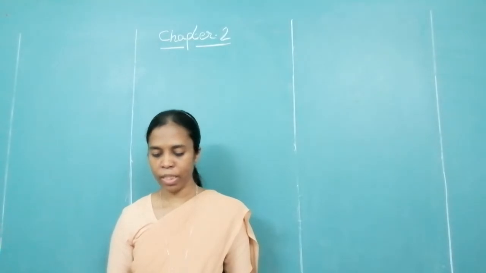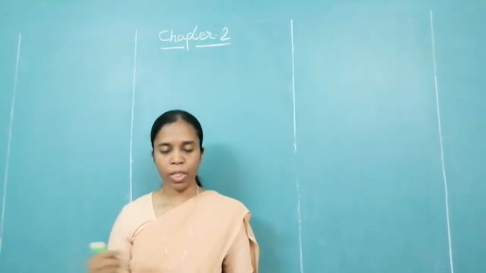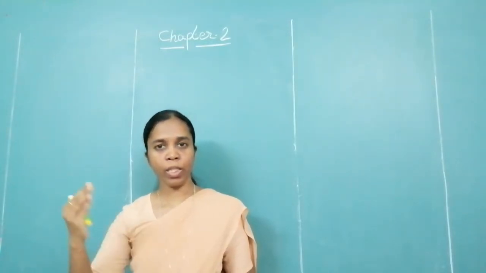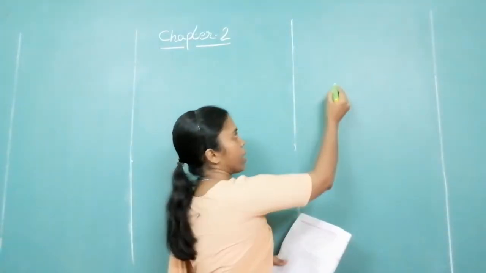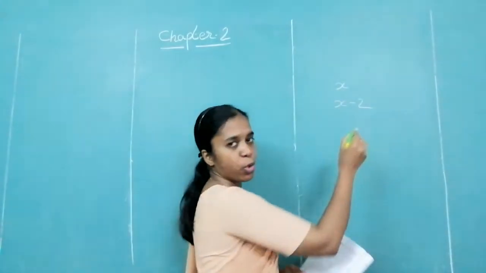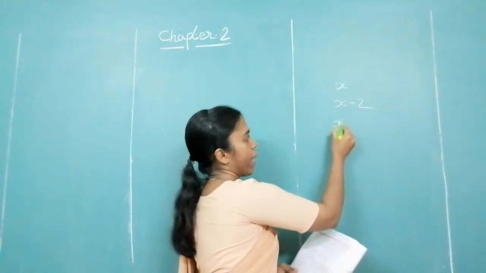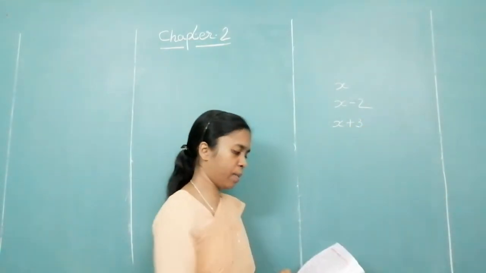So you will write that the present age of Pragati be x. 2 years ago, Pragati's age will be x minus 2. 3 years hence it will be x plus 3.